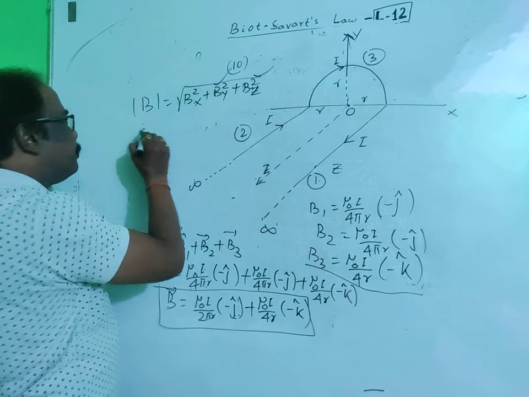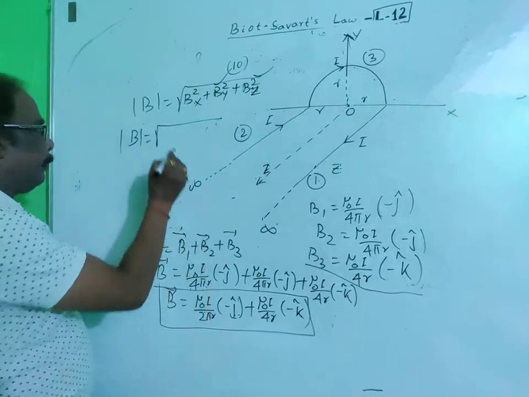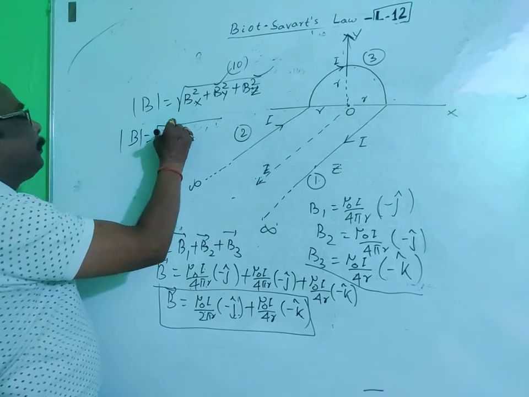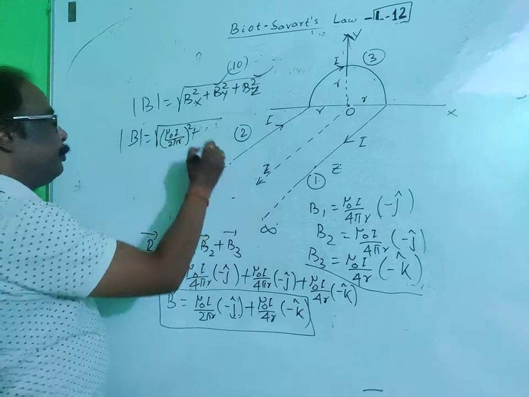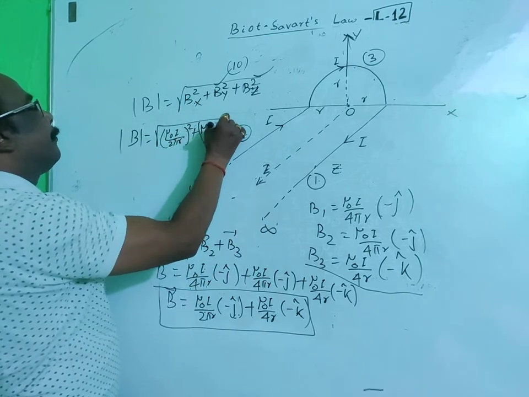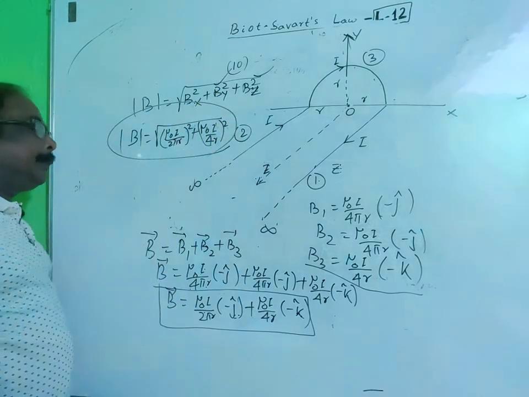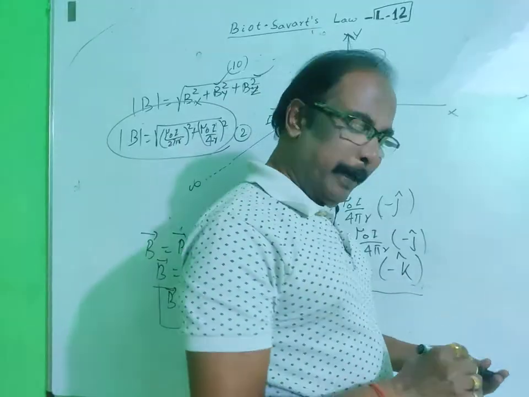Here Bx is 0, then the resultant magnetic field magnitude is the square root of (mu naught I by 2 pi r) square plus (mu naught I by 4r) square.